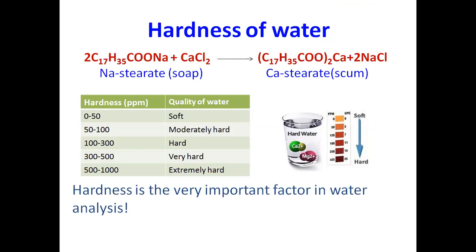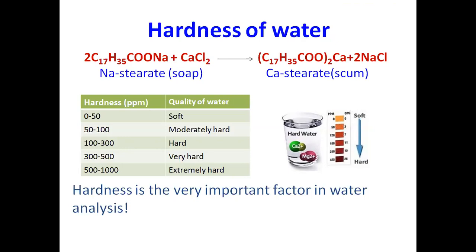So generally remember, we will say the water is hard if the hardness of water is higher than 100. Till 100 it is soft, though 50 to 100 is given as moderate level, but it's still soft, not a problem.